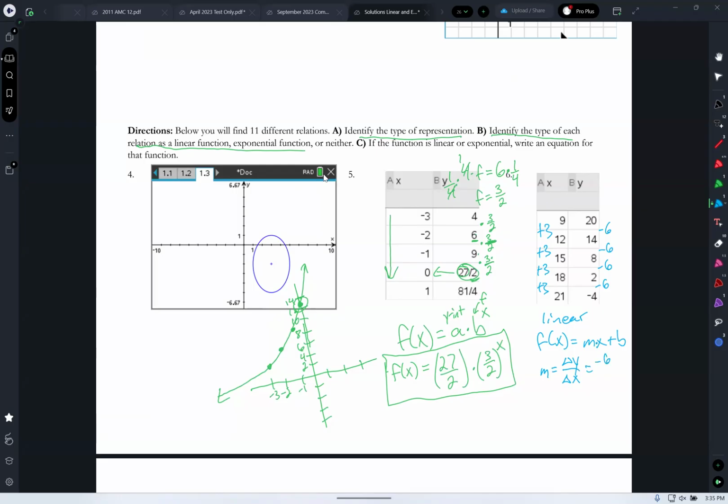The change in y is my -6. My change in x is 3. When I do -6 divided by 3, I get -2. And then when I look at my b value right here, you've always got a rate of change and a y-intercept, slope, intercept. That is true for both linear and exponential, at least for these two forms, the only ones I'm asking you to use this year.